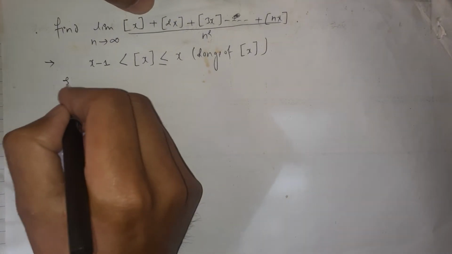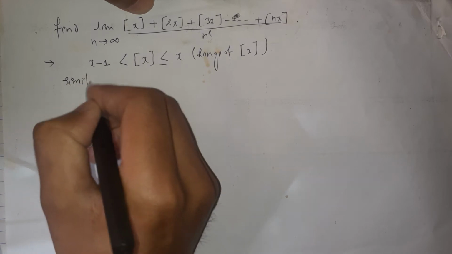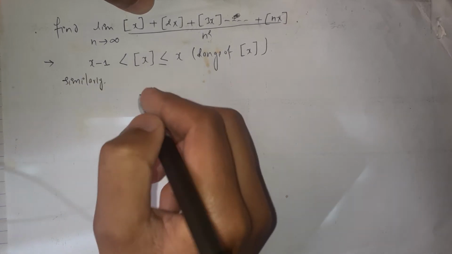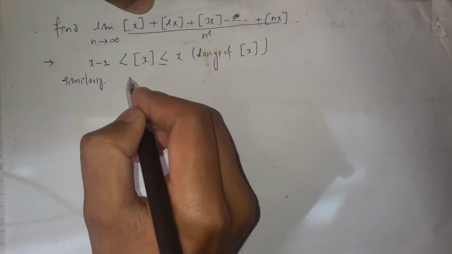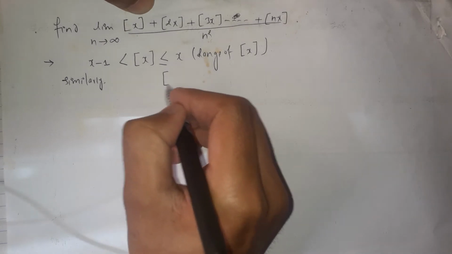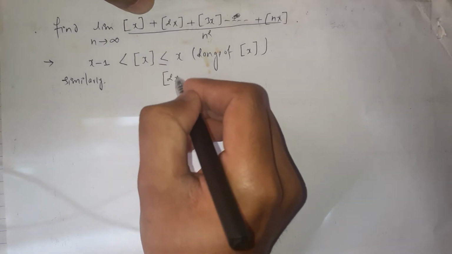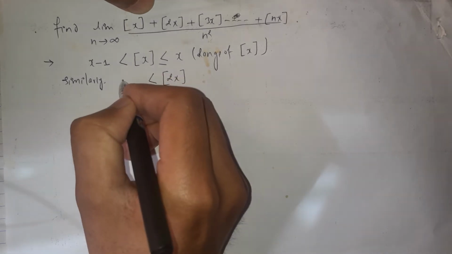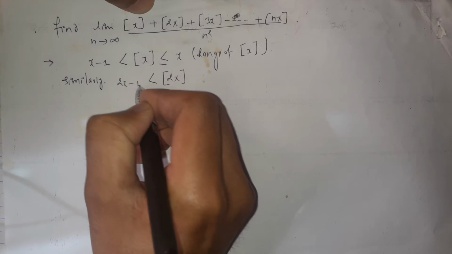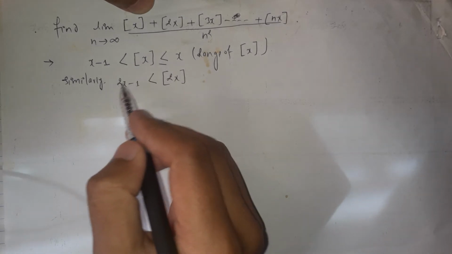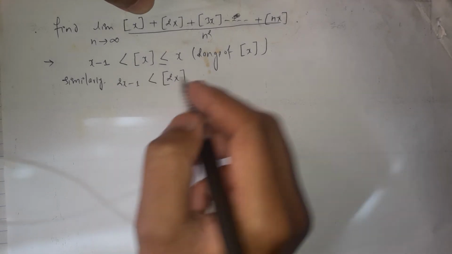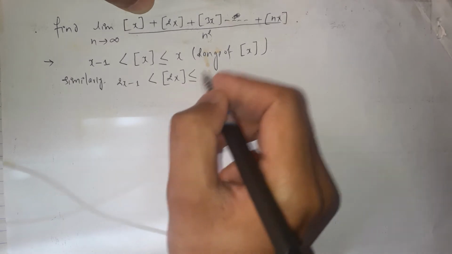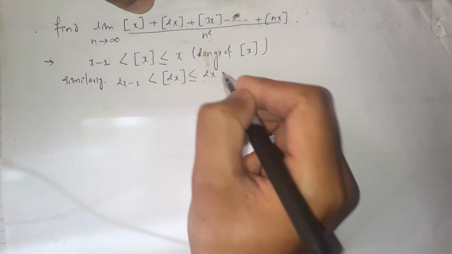Similarly, we can write the greatest integer of 2x is always greater than 2x minus 1, just replacing x by 2x, and it is less than or equal to 2x.